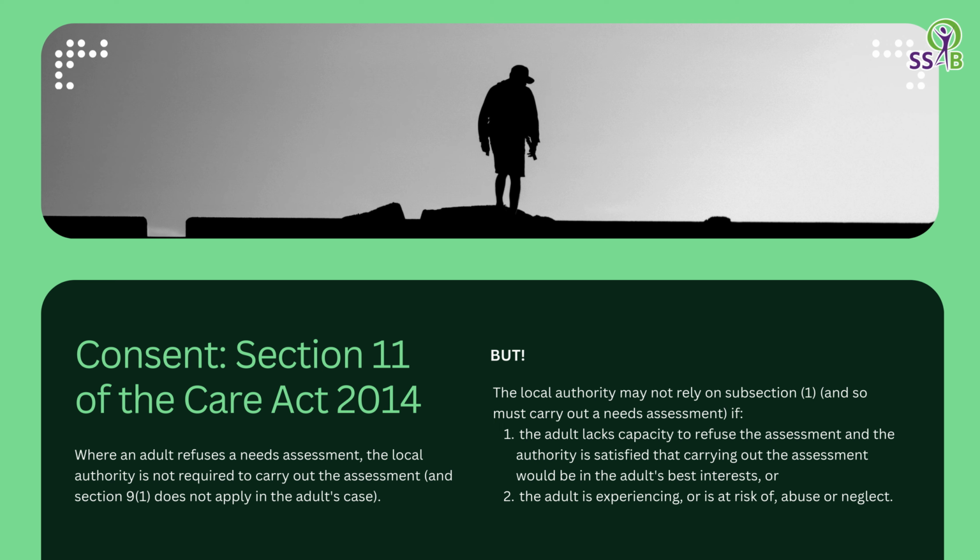Section 11.2a of the Care Act states that a local authority must make the assessment if the adult lacks the mental capacity to refuse. And Section 11.2b is clear that if an adult is experiencing or is at risk of abuse or neglect, then the local authority must still make the assessment even without consent.